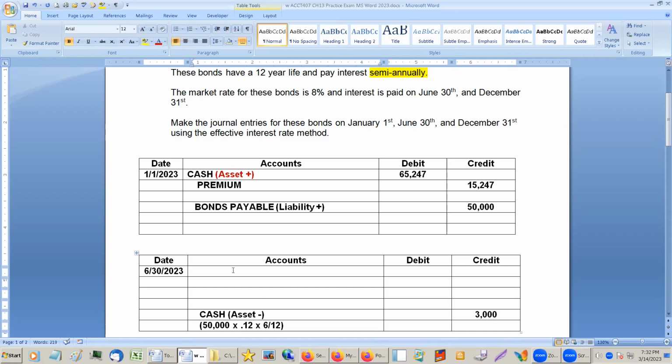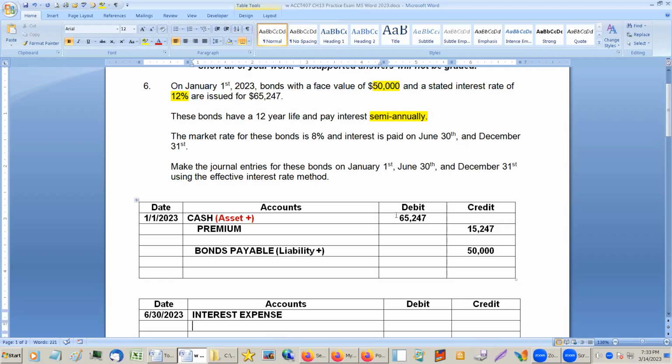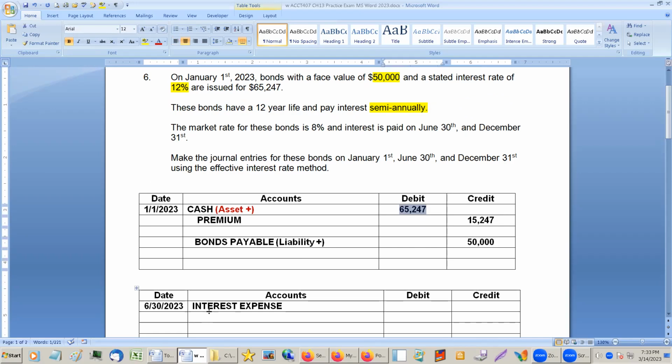Okay, interest expense. Interest expense is what we really borrowed. We really borrowed 65,247. And we borrowed it at 8%.